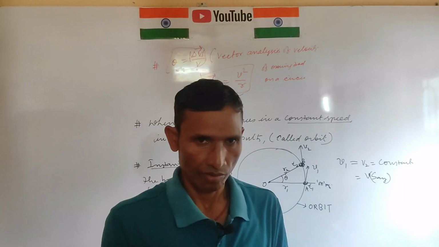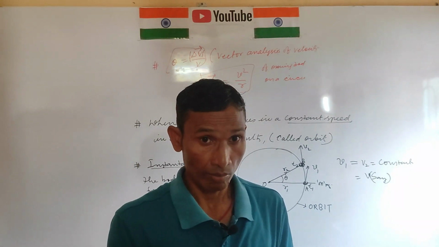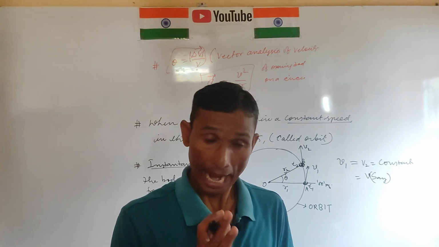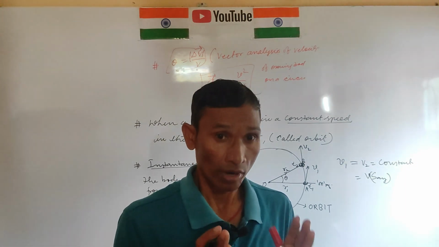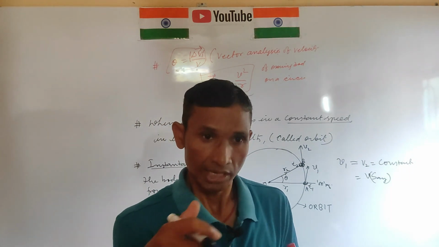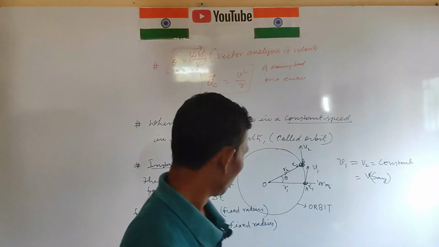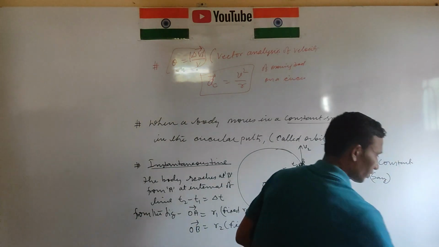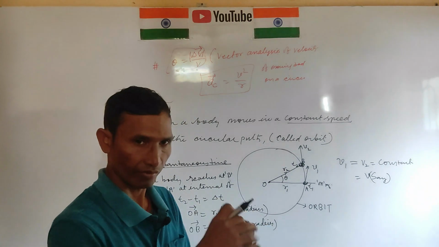When the body starts from A and reaches up to B, at that time what is the angular displacement and what is the distance covered by this body? So here we apply the displacement formula.